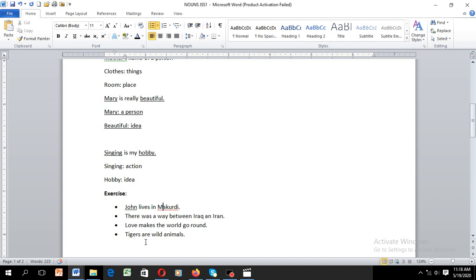Then we would move on to underlining Makurdi. Makurdi is the name of a place. I'm showing you this, so when you're doing my assignment, you would see the format you should use to do my assignment.